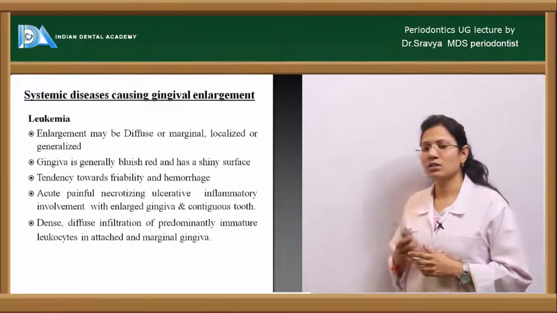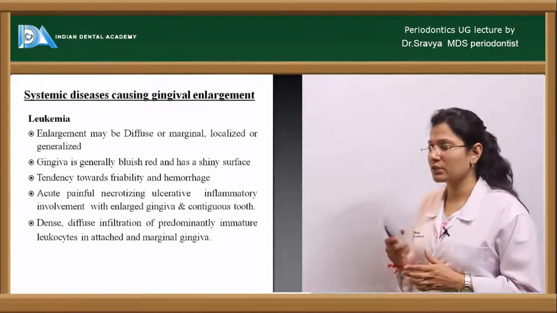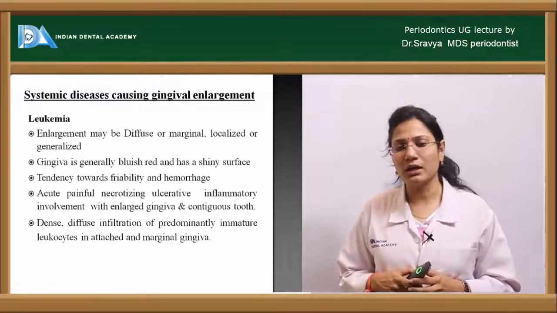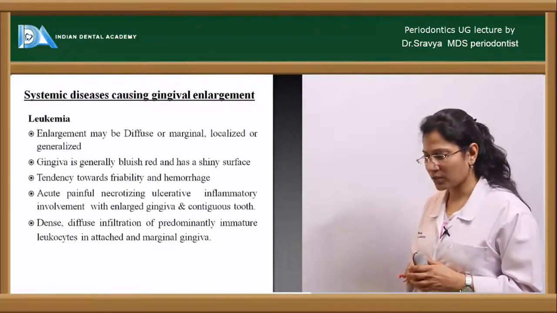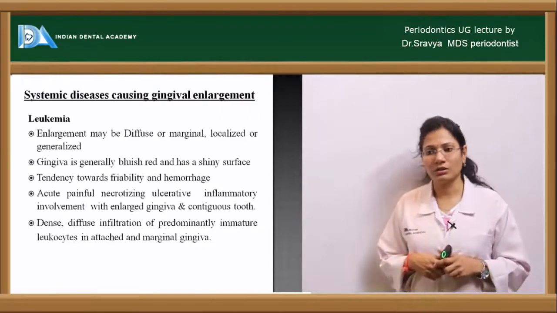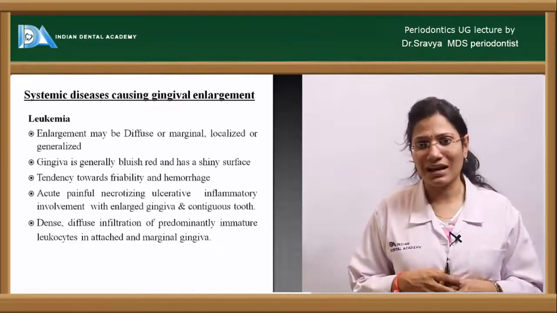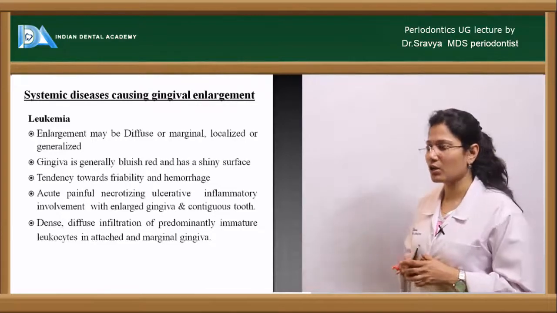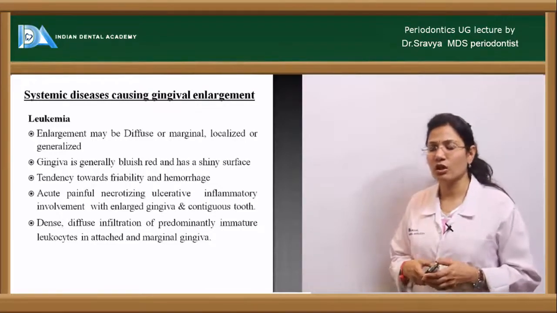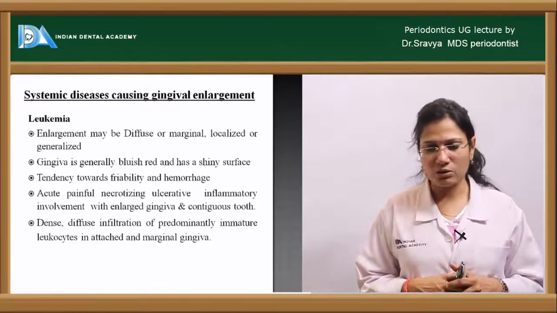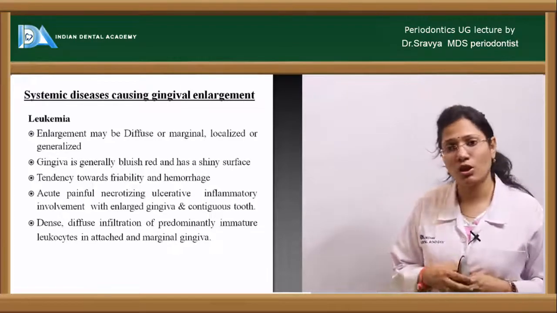Systemic diseases causing gingival enlargement, like leukemia. You know, leukemia is a cancerous condition wherein there is a pathological increase in the number of WBCs, greater than 1 lakh cells per cubic millimeter of blood. So it's basically a cancerous condition. Now, you can have an acute leukemia or you can have a chronic leukemia.